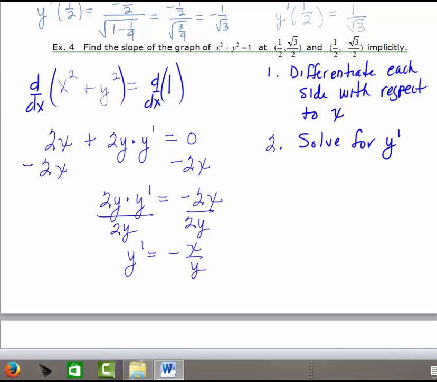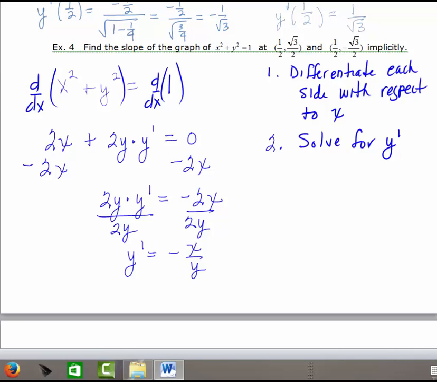And you'll see here now I have a derivative that is in terms of not only x but also y. So when you're using implicit differentiation and you have a derivative with respect to both variables, then you need to have an x and a y coordinate. The y coordinate is important. And so now I can evaluate the slopes at each of these 2 points.